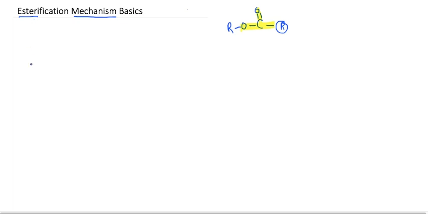To form an ester, there's going to be an alcohol, plus there's going to have to be some sort of organic acid. Then that is going to make our ester molecule. For an organic acid, we obviously are going to have something that has the carboxylic acid functional group.